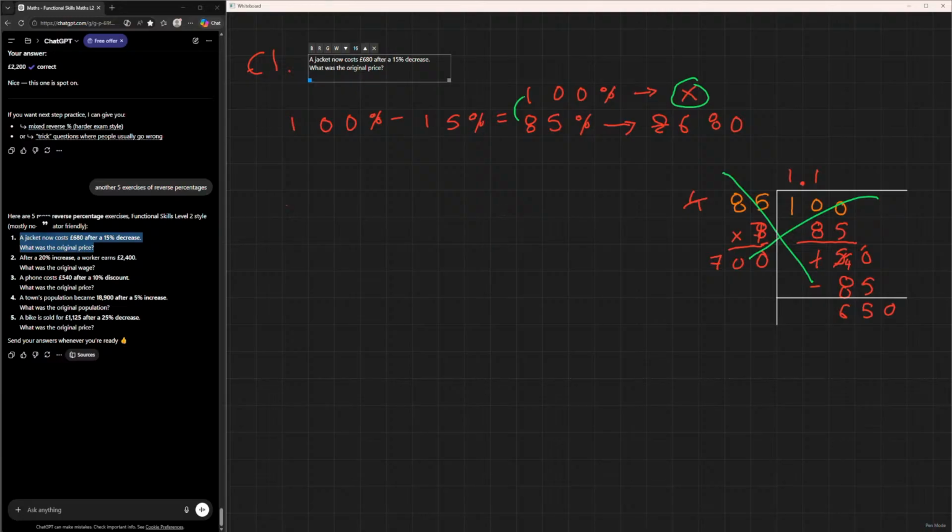Another thing I want to try is I can simplify it. So we have 100 with 5.